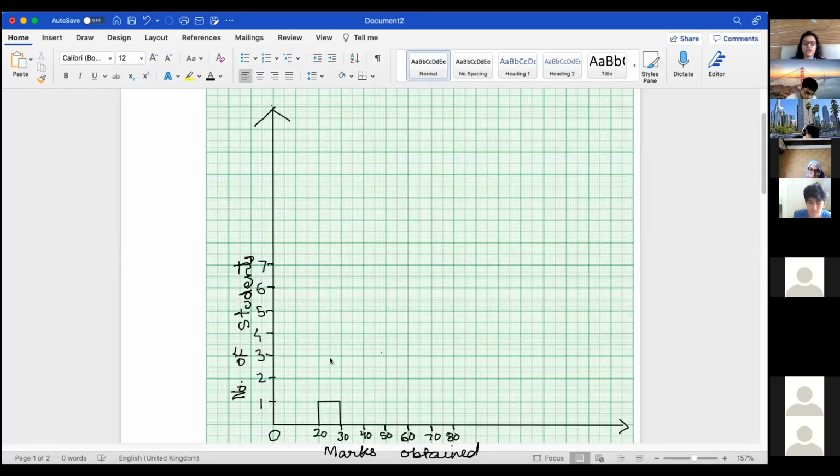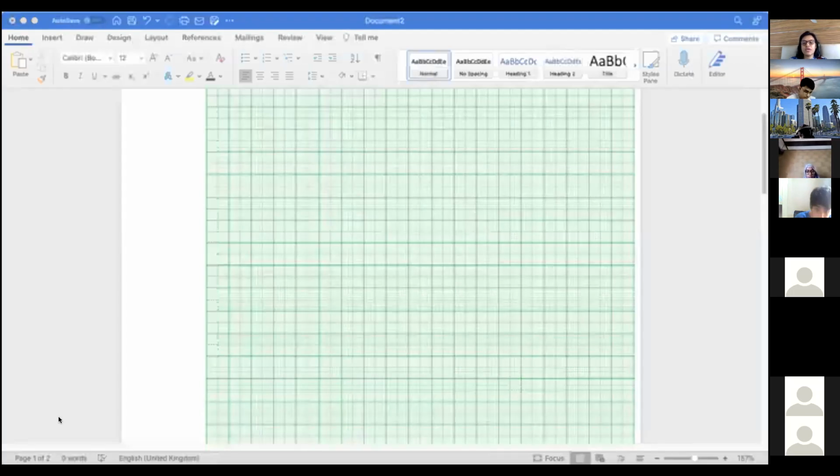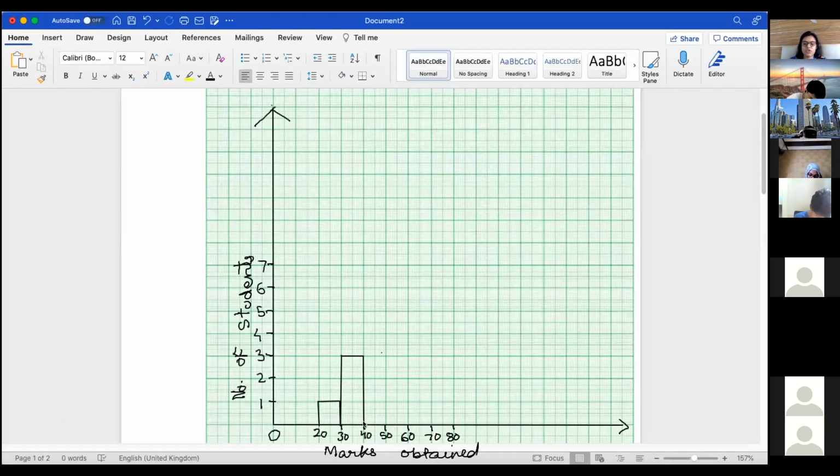Then 40 to 50 again it is 1. So 40 to 50 is 1.